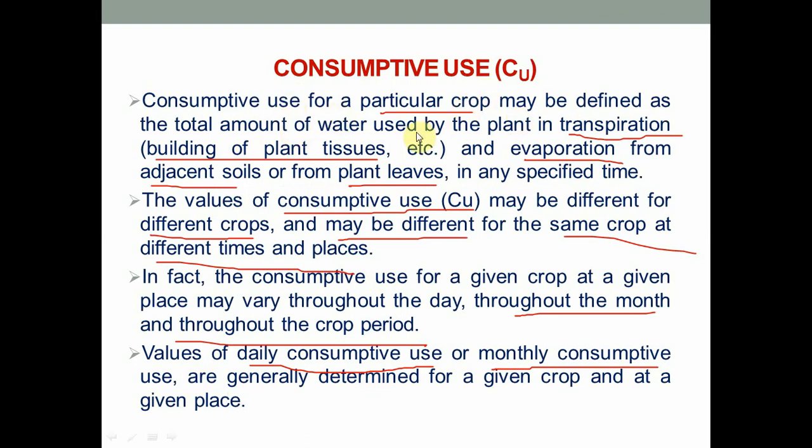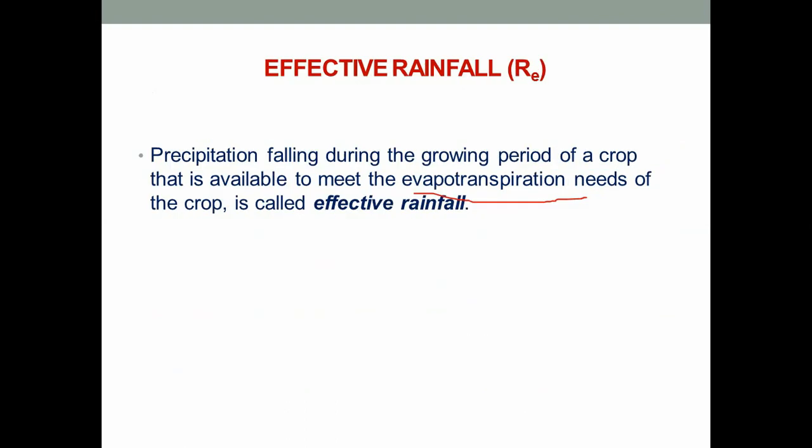It was the total amount of water used by the plant in transpiration and evaporation. That means it is another word for evapotranspiration. So what is effective rainfall? It is the precipitation falling during the growing period of a crop that is available to meet the evapotranspiration needs of the crop.